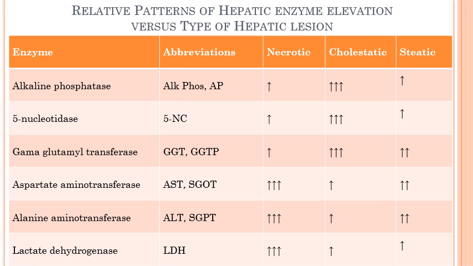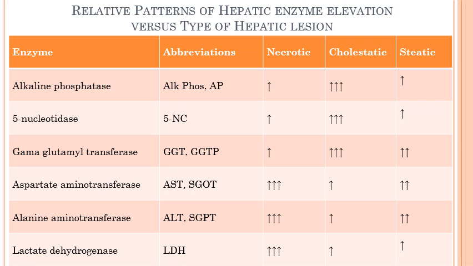If we talk about 5 nucleotidase, its normal levels are 2 to 15 units per liter. In necrosis, its levels are slightly increased. In cholestasis, its levels are highly increased, while in steatosis, its levels are slightly increased.